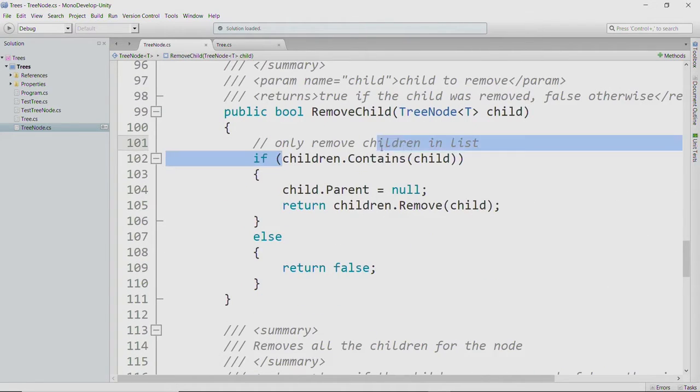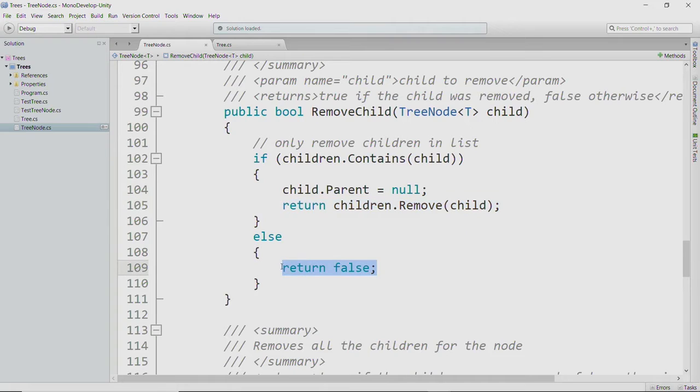Removing a node, remember our discussion of contains, so this is order n in the number of children for the node. We null out the parent, so this is constant time, but remove also does a linear search for the node, so this is order n in the number of children.